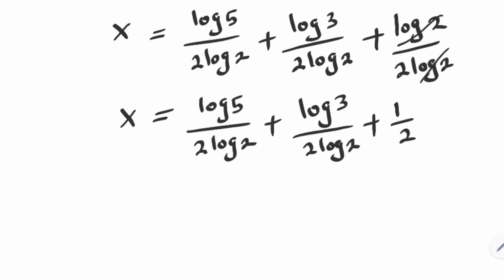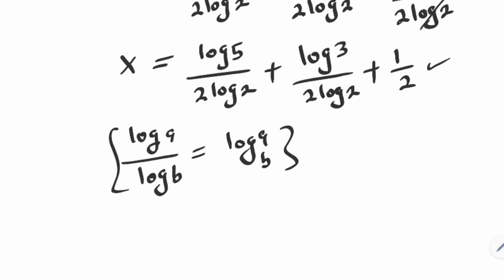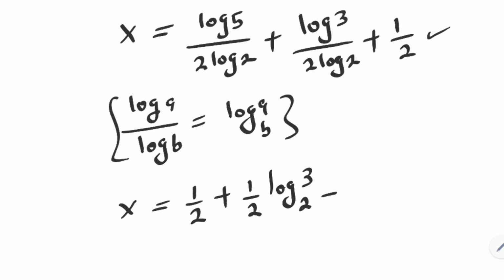Now, take note of this, that if you have log A over log B, this is equal to log A base B. Then the whole of this can be written as x is equal to 1 over 2 plus 1 over 2 log 3 base 2 plus 1 over 2 log 5 base 2. Now the LCM here is 2.